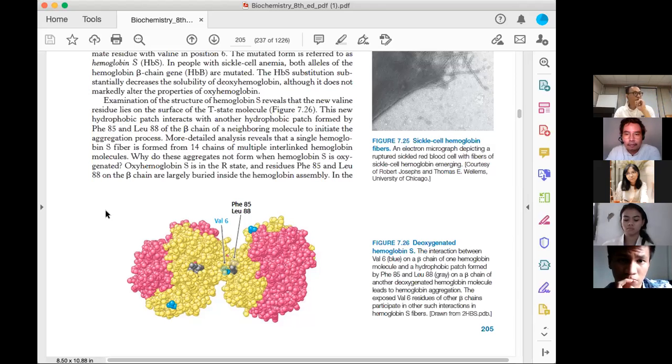Then I ask the question, oxy and deoxy, which one has the major proportion? The answer is actually oxy, not deoxy.